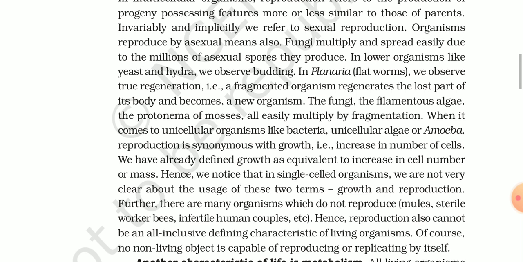Worker bees have different classes, and sterile ones do not reproduce. Infertile human couples do not reproduce. So there are living organisms which cannot reproduce, and reproduction cannot be an all-inclusive characteristic of a living organism.